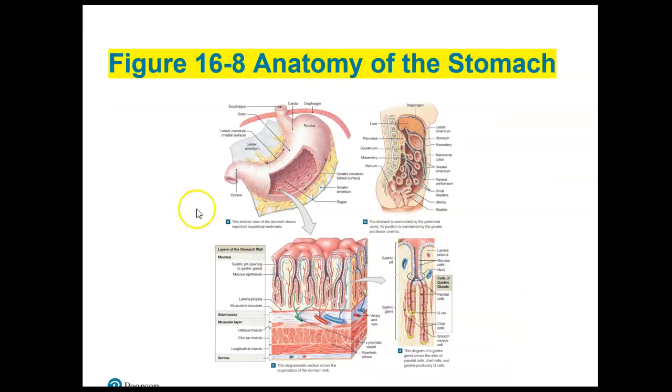So looking at figure 16-8, I find figure B, this illustration, to be a little bit hard to follow. But you still can. You just have to concentrate. You have to think about what you're looking at, because this is a sagittal section, and it's just hard to see, like your small intestine.